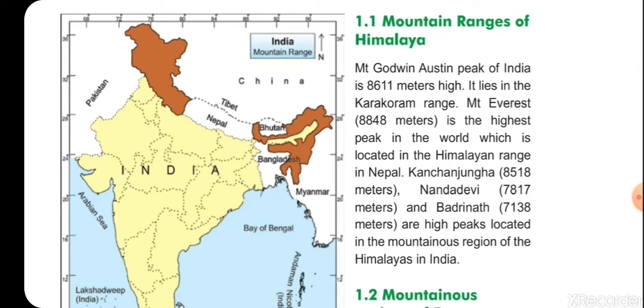Now it says the tallest peak of India, Mount Godwin Austen, is in the Karakoram range. The tallest peak of the world is Mount Everest, and that is in the Himalayan mountain range in Nepal. Besides these, there are other tall peaks in the Himalayas such as Kanchenjunga, Nanda Devi, and Badrinath.